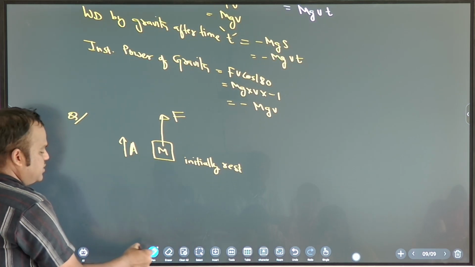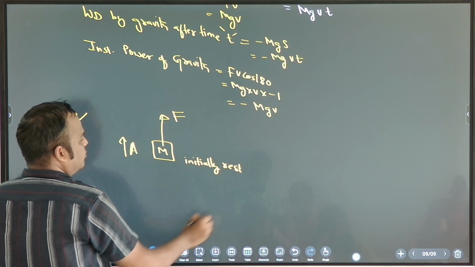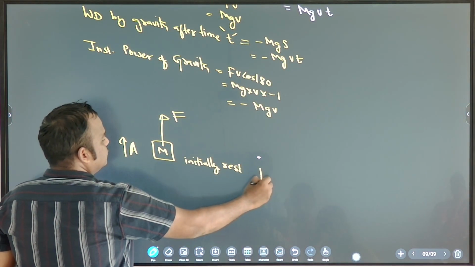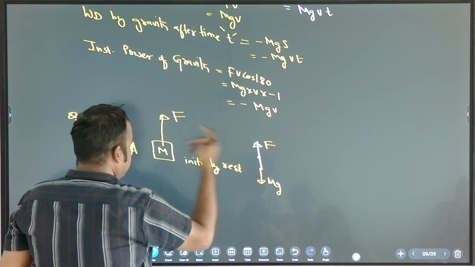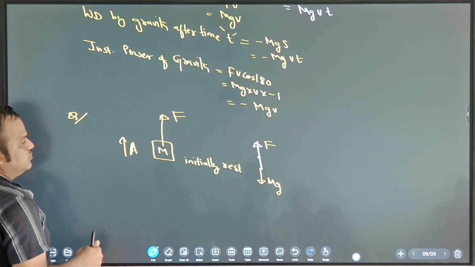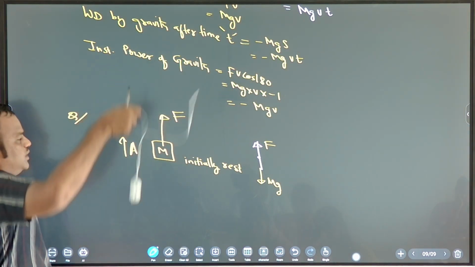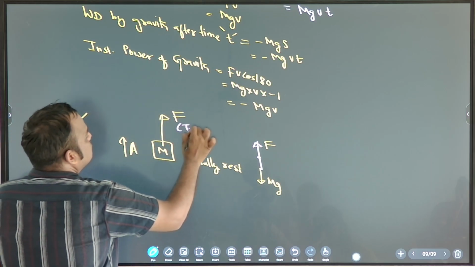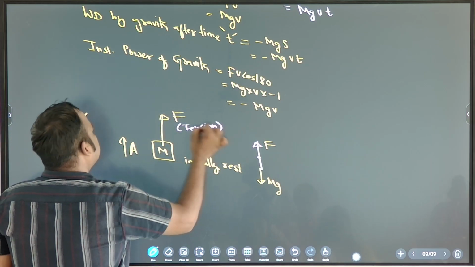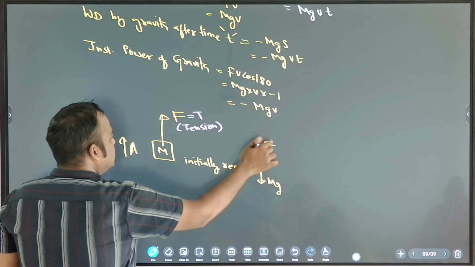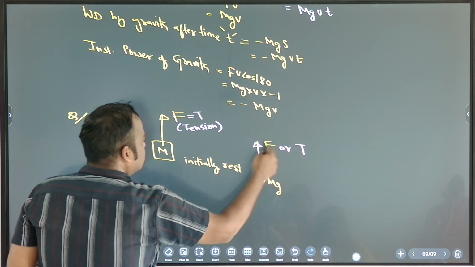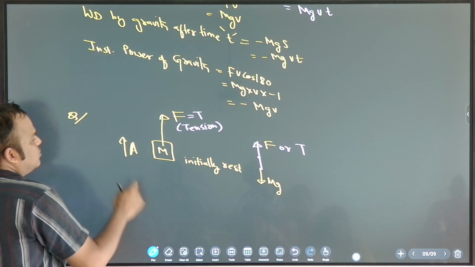What is the downward force? mg. Upward force? F, capital F. You can call it tension also. You can write T or F, anything.